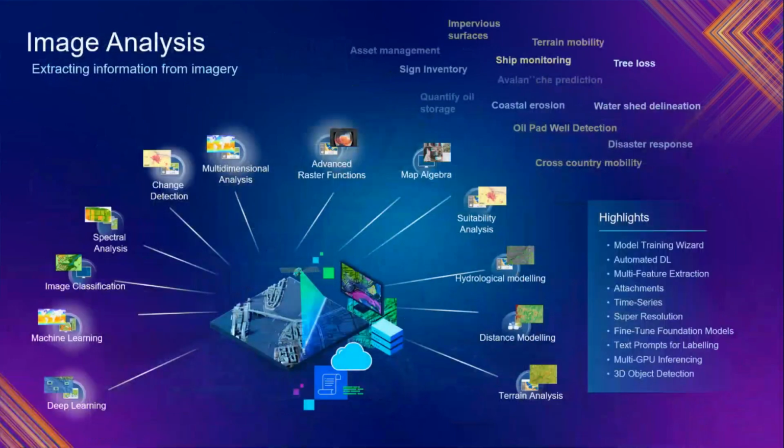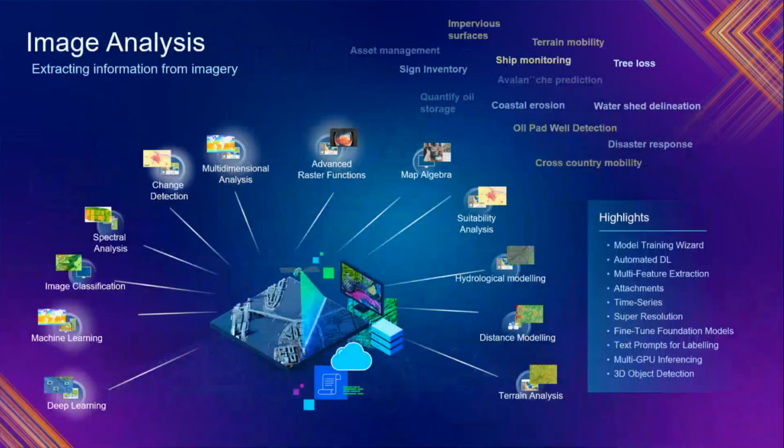And this is really a list of the different types of analysis that can be performed. Things like change detection, multidimensional analysis, looking at multidimensional data. Spectral analysis is looking at the bands in the data. Things like Sentinel have many bands, and we want to extract information like crop health from it.